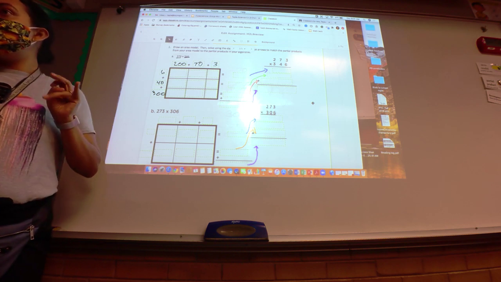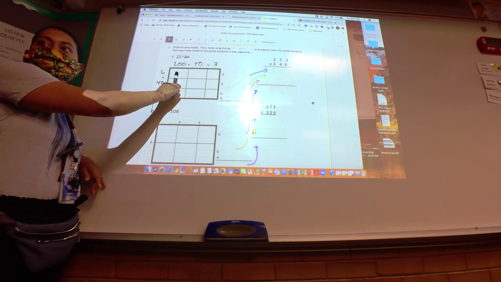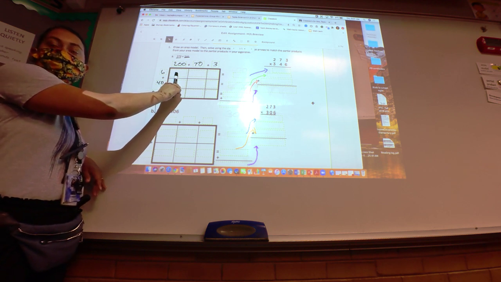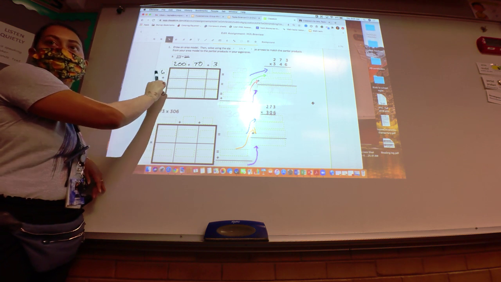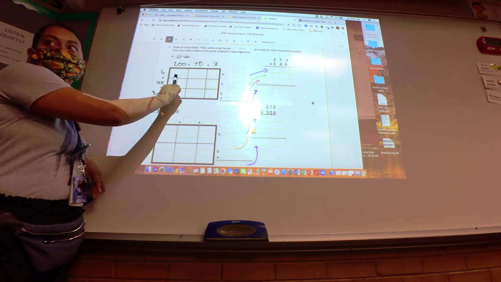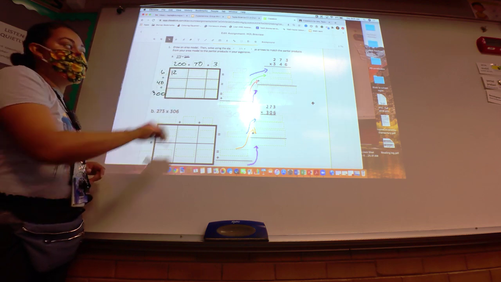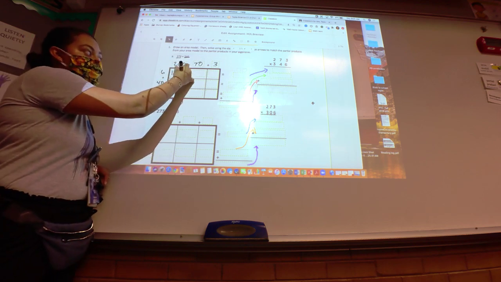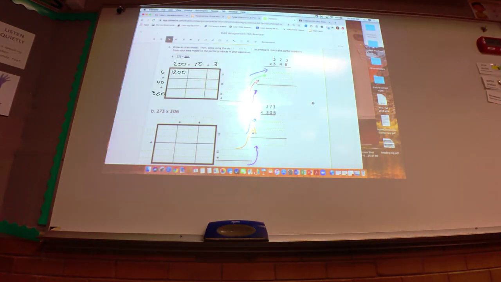Got it? Yes. Okay, now start multiplying. So here, on the top left, you're going to multiply the digits that connect to it. So 6 times 200. 12. So plug in 12. And then we have 2 powers of 10. So plug in 2 powers of 10. So that gives us 1,200.